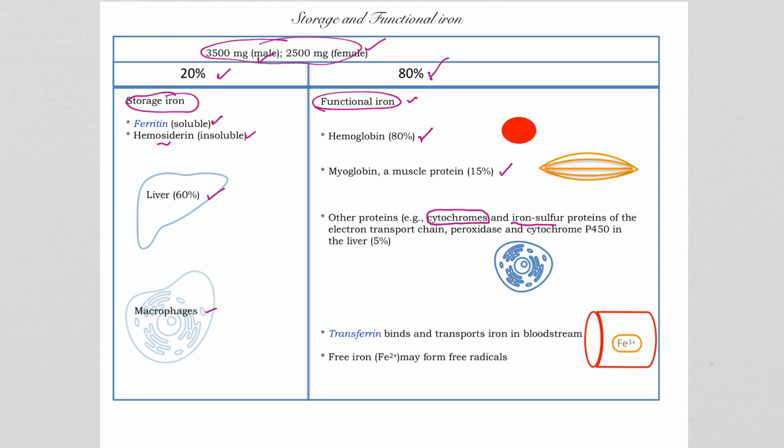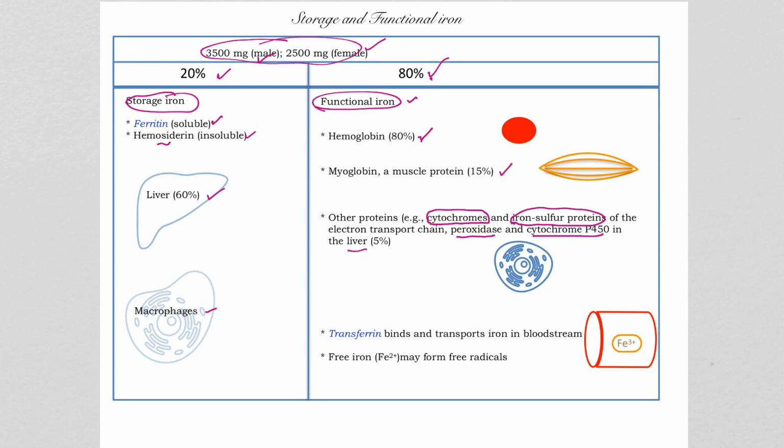Then the iron sulfur proteins, which are also part of the respiratory chain, they all have iron in them. And then enzymes such as peroxidase, and enzymes called cytochrome P450s, which are very rich in the liver and help detoxify drugs and all kinds of chemicals.